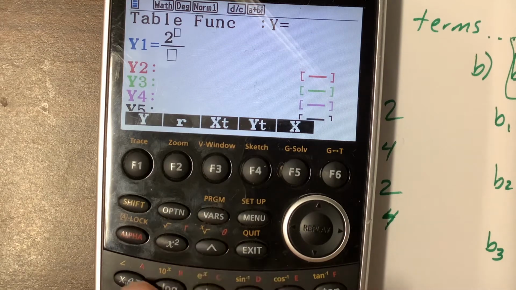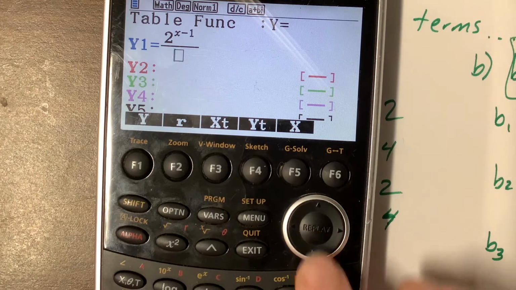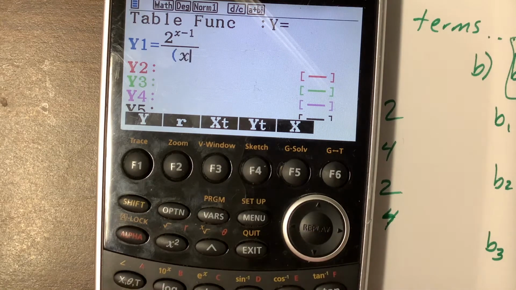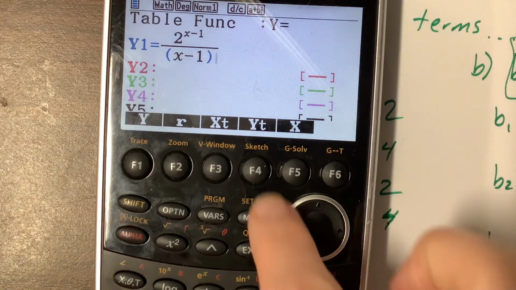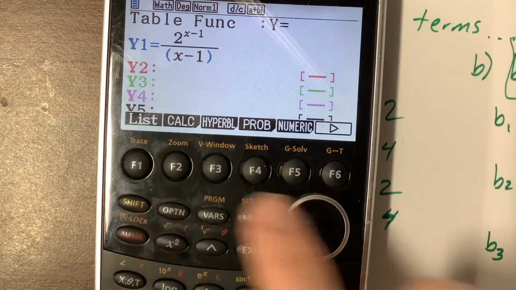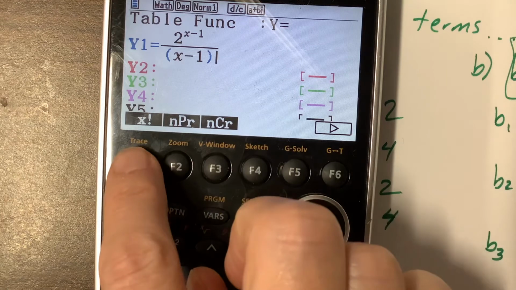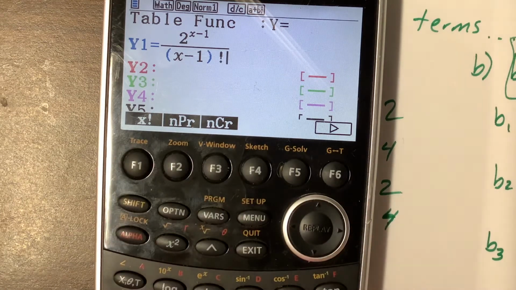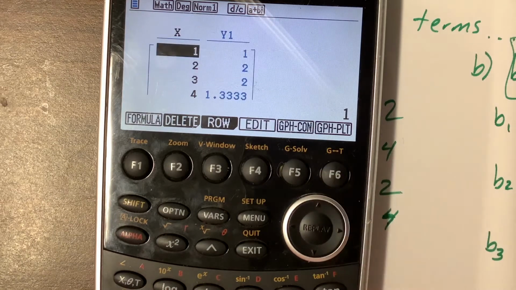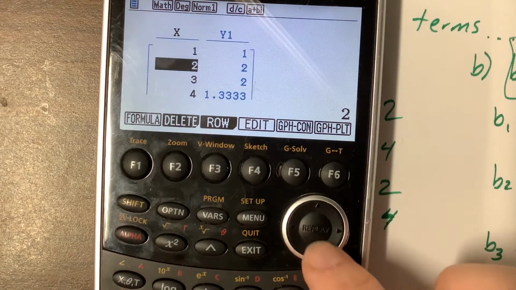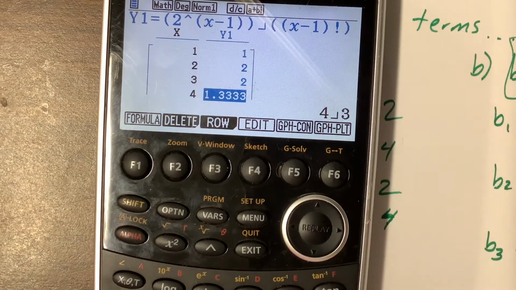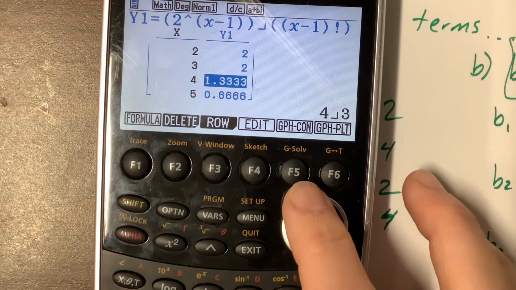It was 2 raised to the n minus 1 over n minus 1 factorial. And do you know where to find factorial? I will show you. I go to option, and then probability, and then here's that factorial. So I can plug this in, and I can go look at my table and find the first however many. Notice those should be the terms that I had gotten a minute ago.